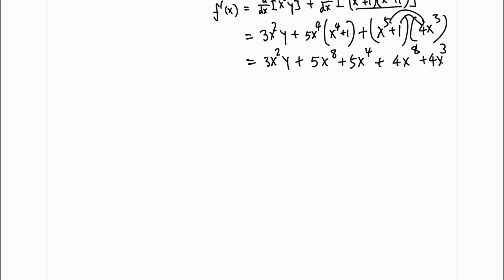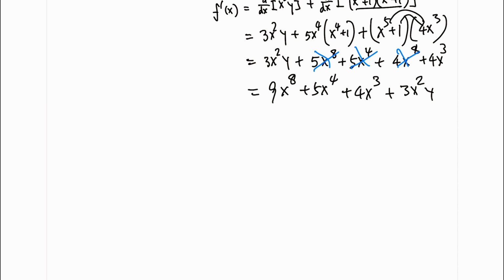If we simplify that even more, we get 4x to the eighth plus 5x to the fourth, so that is actually 9x to the eighth, plus 5x to the fourth, and we just have 4x cubed plus 3x squared y.